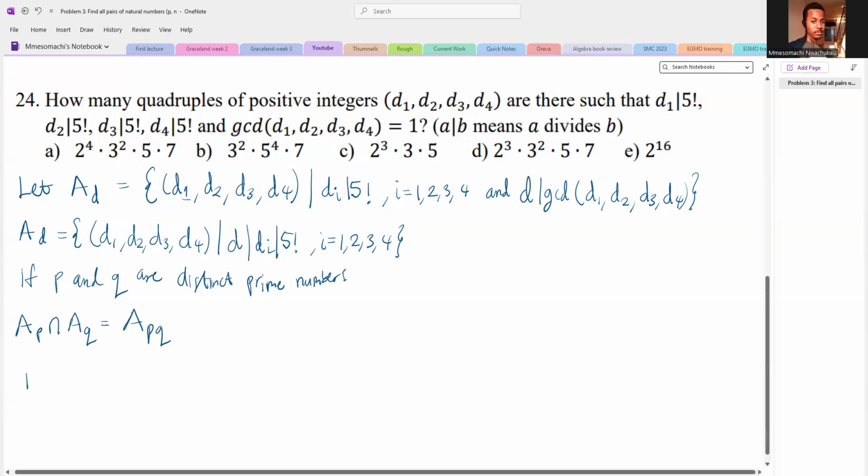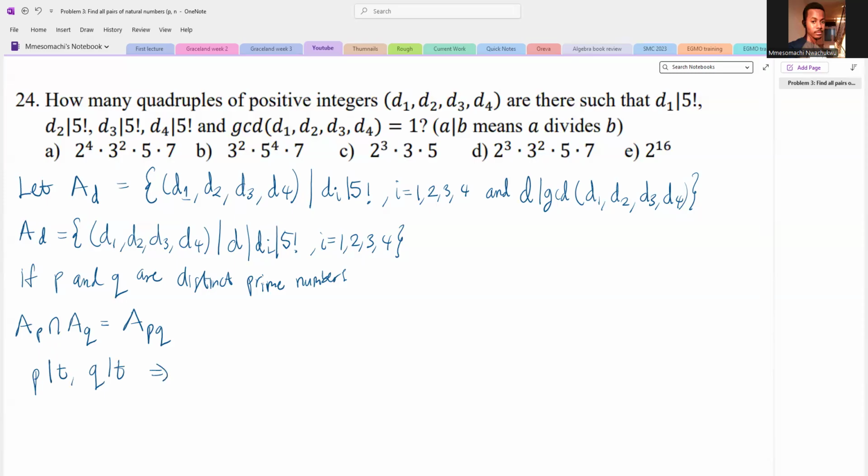Because if we have some T, and P divides T, and Q also divides T, and P and Q are distinct prime numbers, that implies that P times Q divides T. So if P must divide the GCD of the numbers and Q must divide the GCD of the numbers, then P times Q must divide the GCD of the numbers.